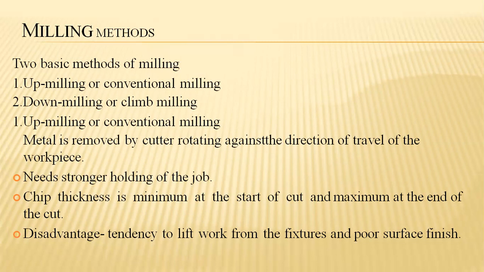Then the initial one, that is up milling or conventional milling process. In this, the metal is removed by the cutter that is rotating against the direction of travel of the workpiece. Nominally, it should have a strong holding of the job in the jigs and fixtures.